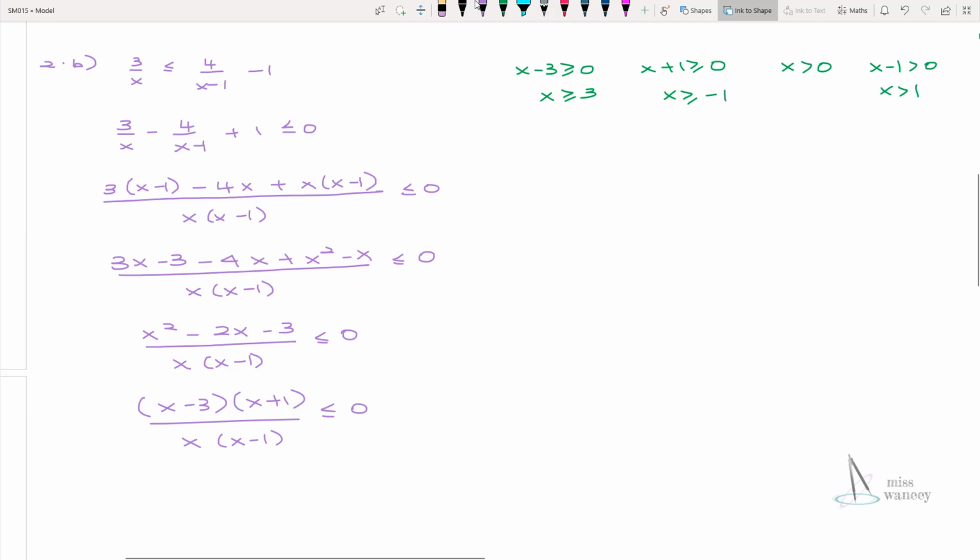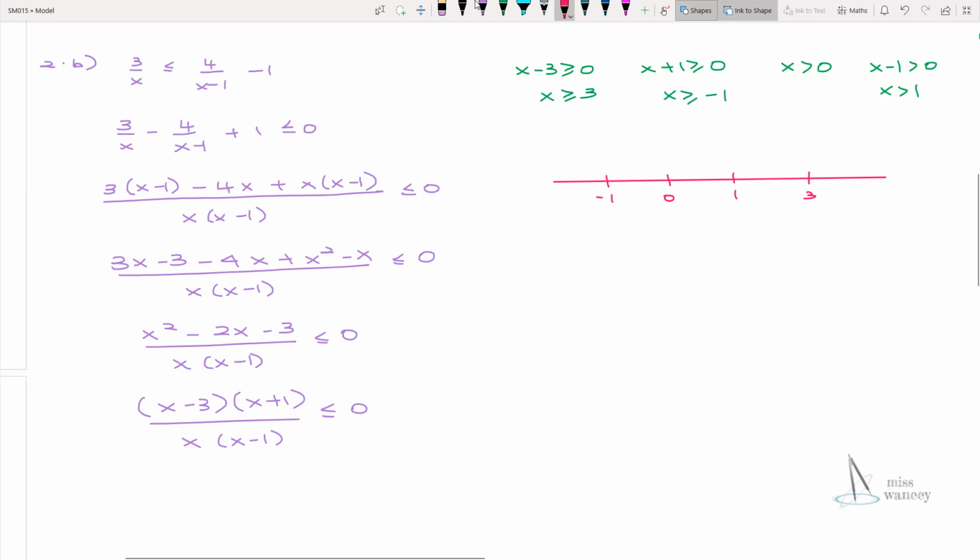Okay, so let us draw the number line. So ni yang bahagian bawah tu. Okay, so what are the numbers? So on the left hand side I have negative 1, so paling kiri negative 1, and then I have 0, I have 1 as well as 3. So everything go to the right hand side.